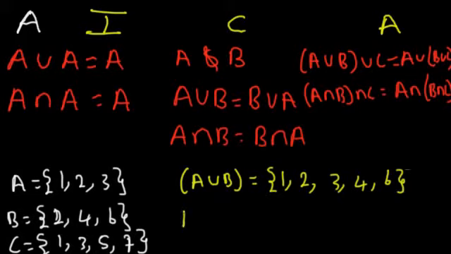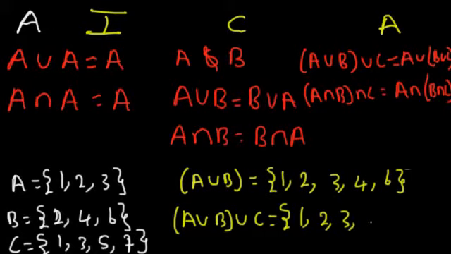Therefore, A union B union C will be equal to what? 1, 2, 3, 4, 5, 6, and 7. Okay, now let's find A union (B union C).